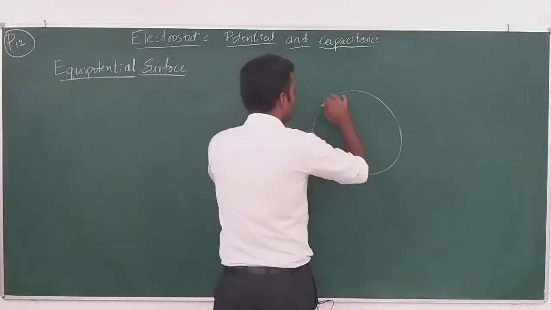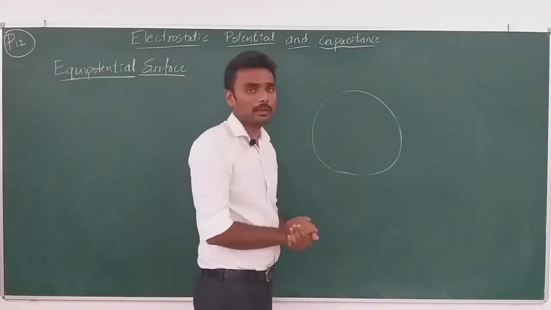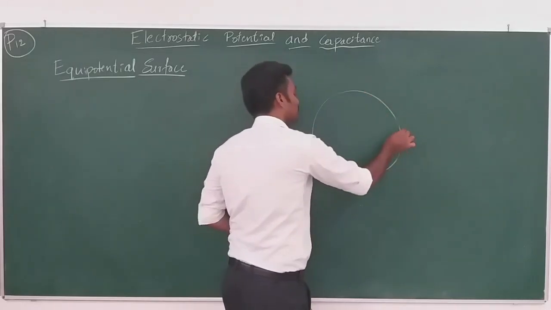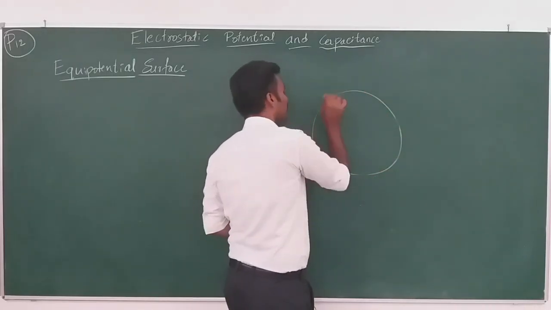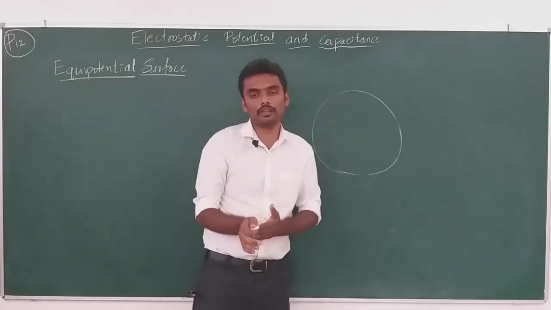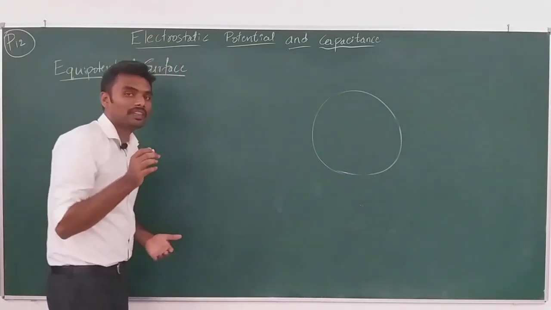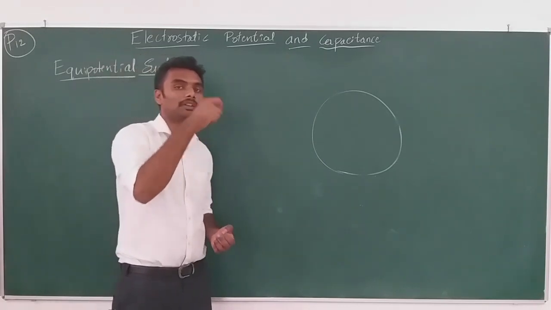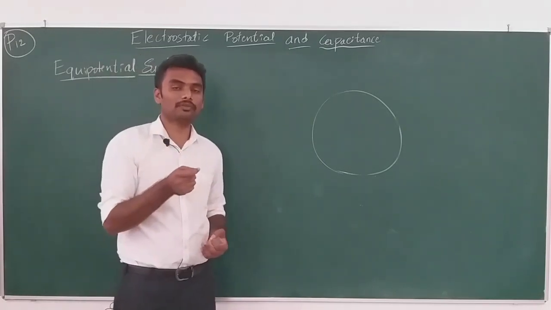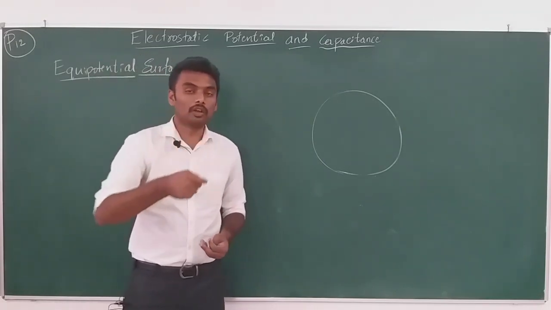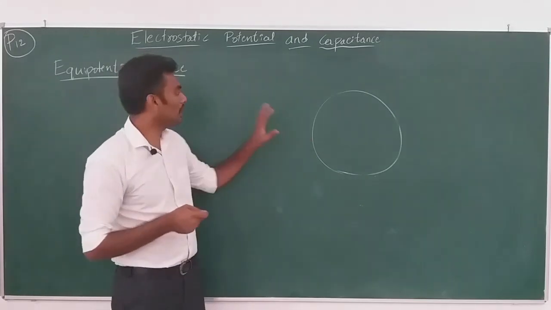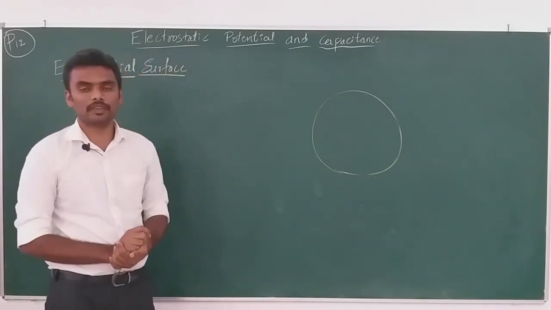Say the surface is spherical, then any point chosen on the sphere will have the same potential. Got it? A surface with equal potential at all points on it is an equipotential surface.